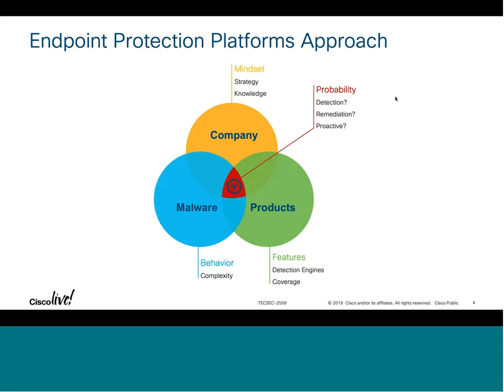If you just have malicious behavior, maybe there is something bad in my environment, but there are no files. The company's strategy does not fit the malware, and the products they are buying also don't fit the malware, and so this lowers their probability for detection, remediation, and proactive measures.